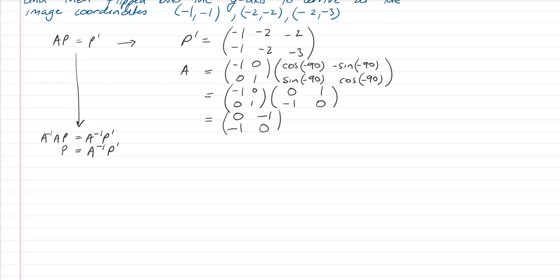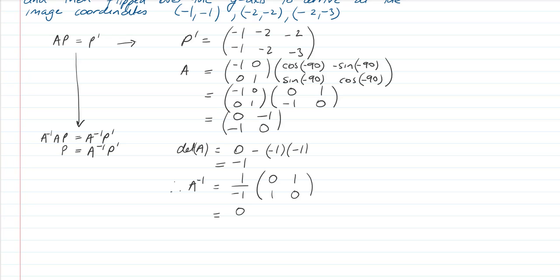So we need our A inverse, and in this case the determinant of A is equal to 0 minus -1 times -1, which is equal to -1, and so therefore A inverse is 1 over -1 times by 0. The B and C become positive, so 1, 1, 0. That's equal to 0, -1, -1, 0.